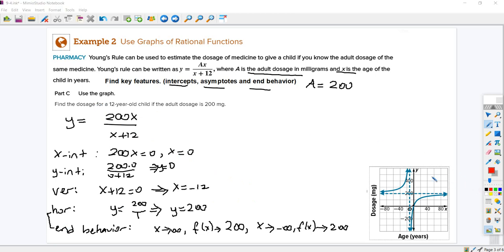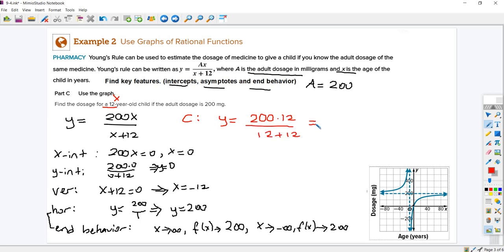It says, I'm going to write a C here. Find the dosage for a 12-year-old child if the adult dosage is 200 milligrams. So basically, we are looking for a 12-year-old. So this is x, right? Because x represents the age. So we will just replace x with 12 in this function. So 200 times 12 over 12 plus 12.